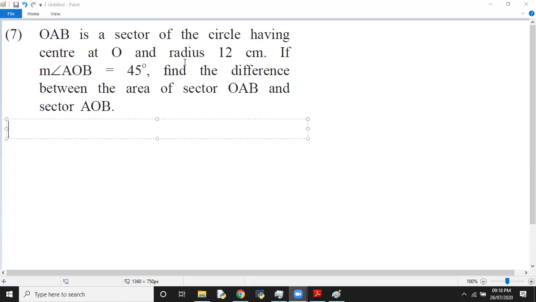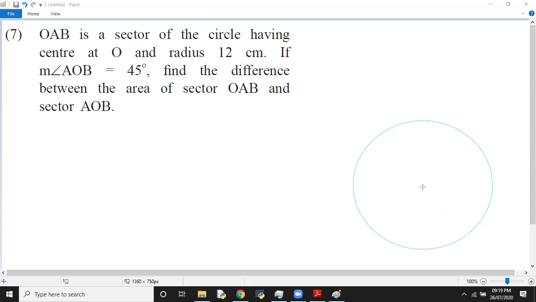Now I will draw a circle having two sectors. This is our circle, having some radius.